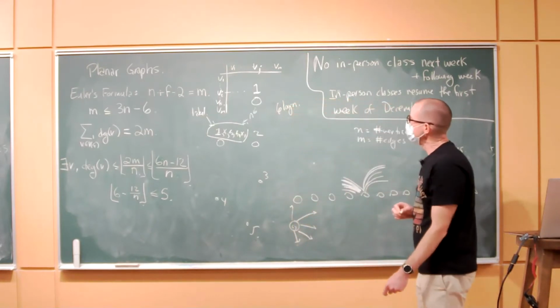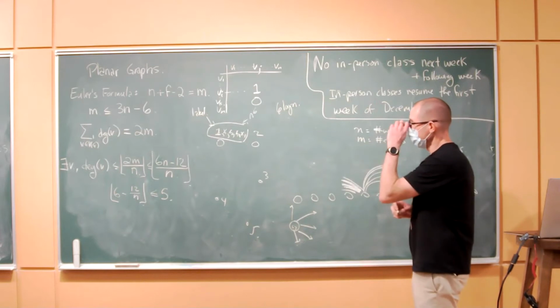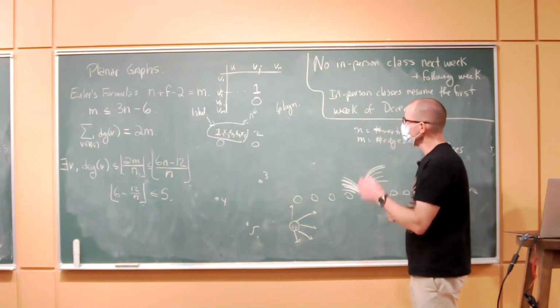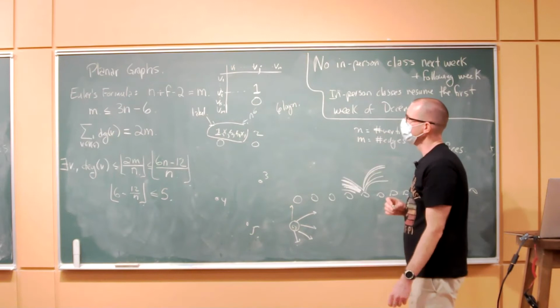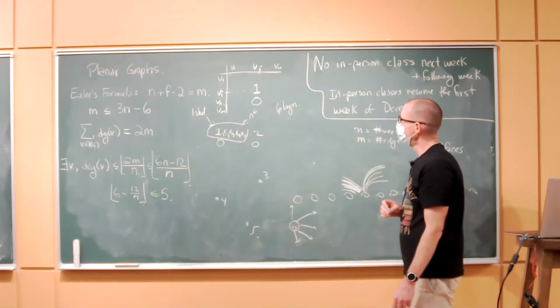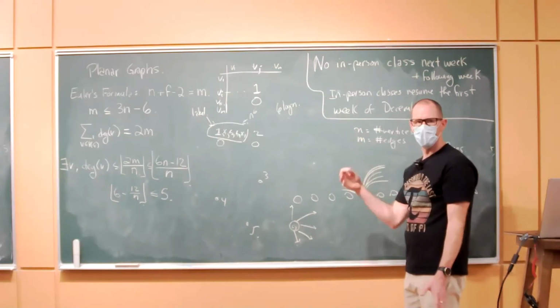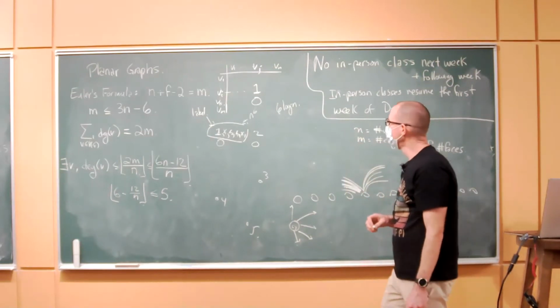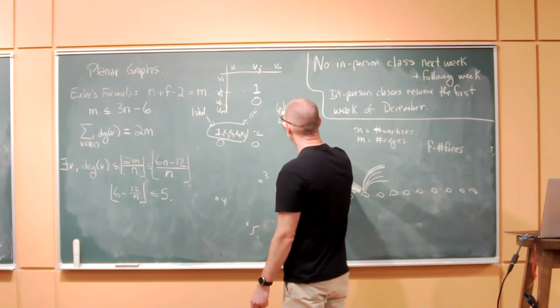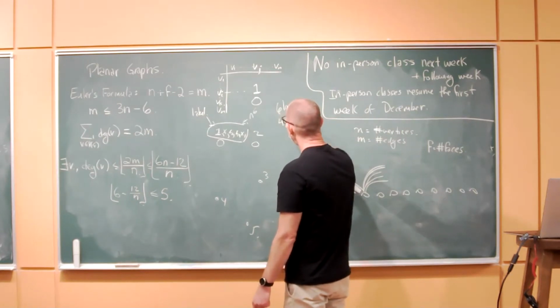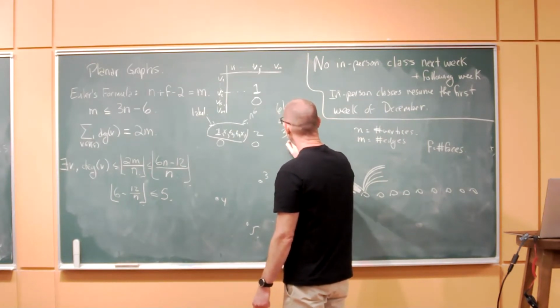And for a long time, the question was, okay, so you can do 6 log n, and that follows fairly quickly from Euler's formula. Can you make this 6 smaller? Can you make it 3, 2, whatever? So this went from 4 down to 3, down to 2.